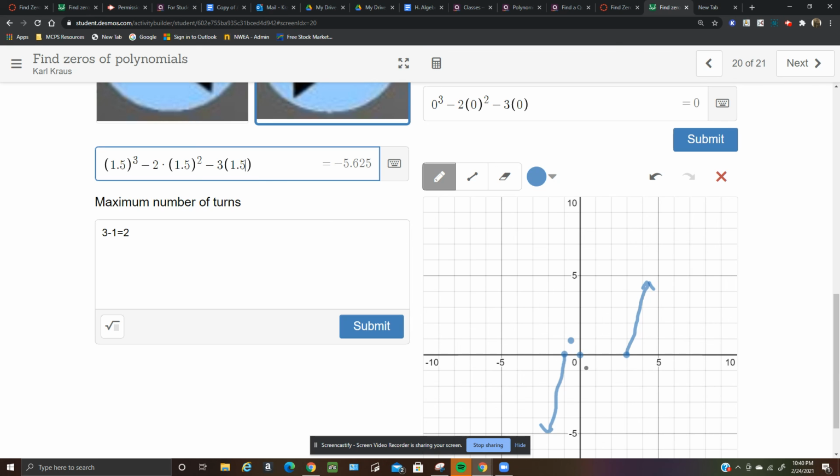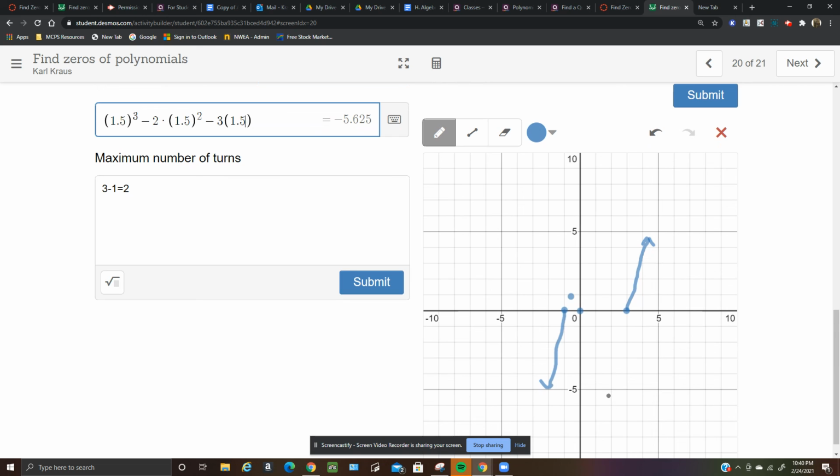And you get negative 5.625 down here. So connecting that all together, something like that.